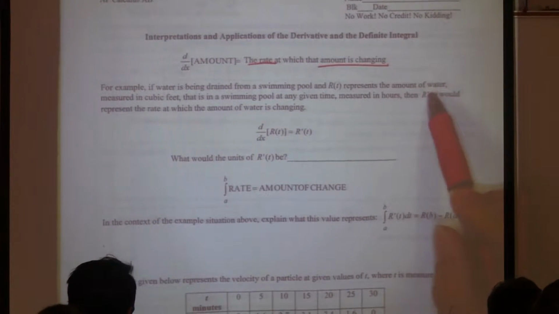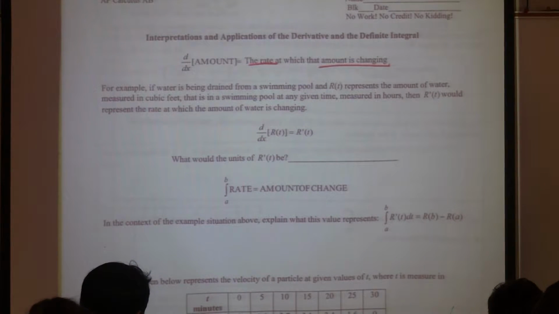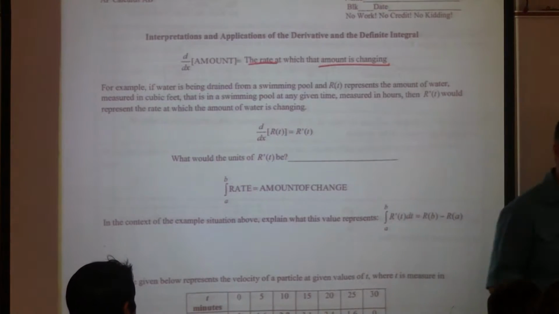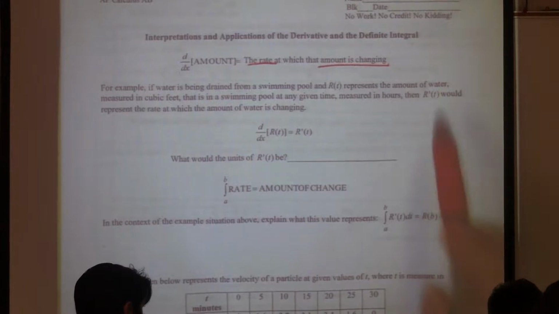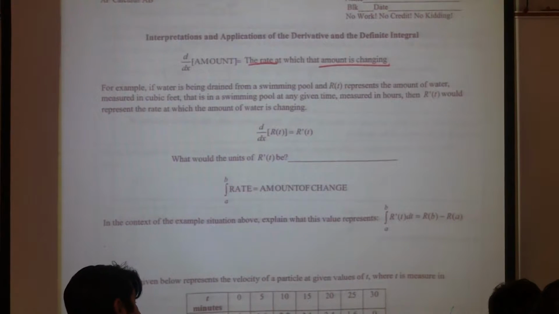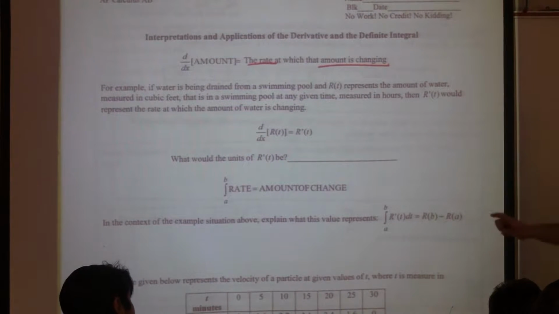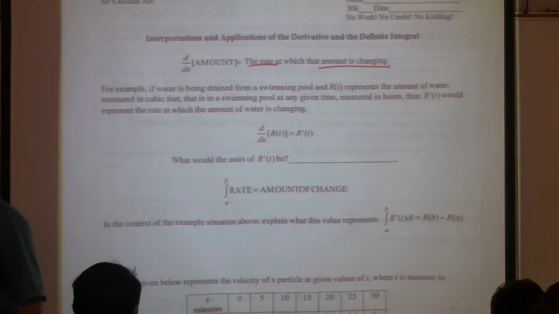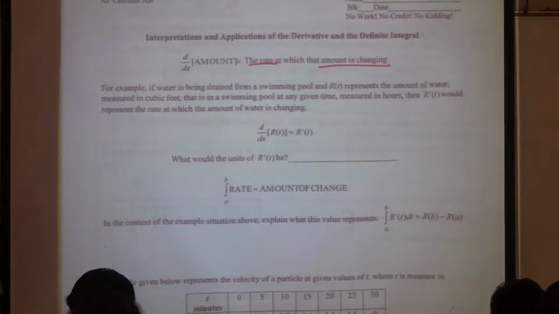Time is measured in hours. Then R prime of T would represent what? Well, R prime is a derivative. What do we just say a derivative represented? The rate at which the amount is changing. So what is the amount that we're talking about? The amount of cubic feet of water that is in the pool.